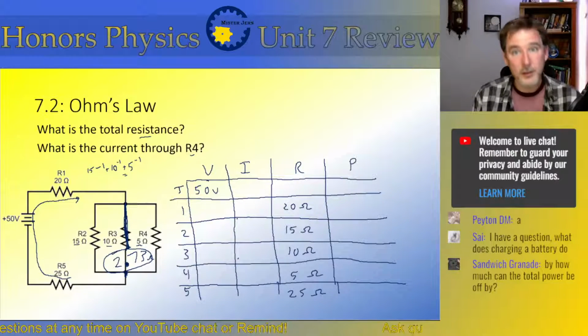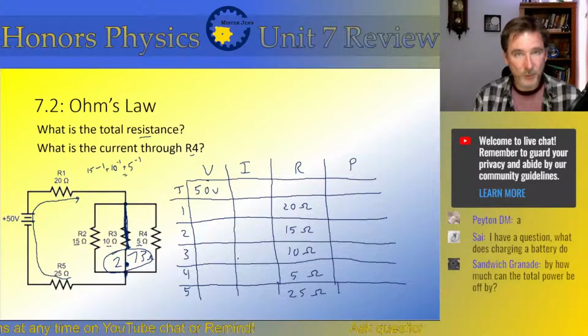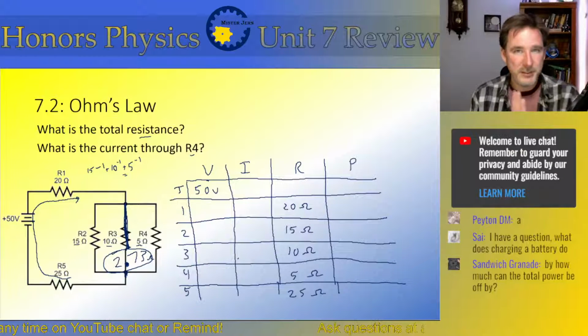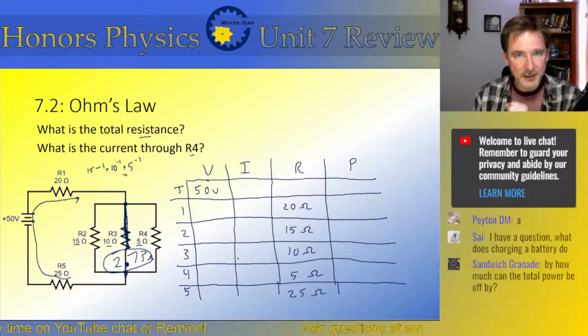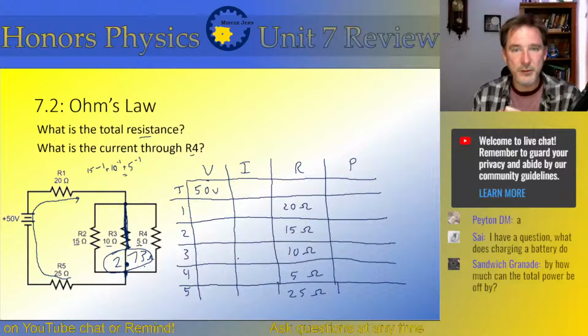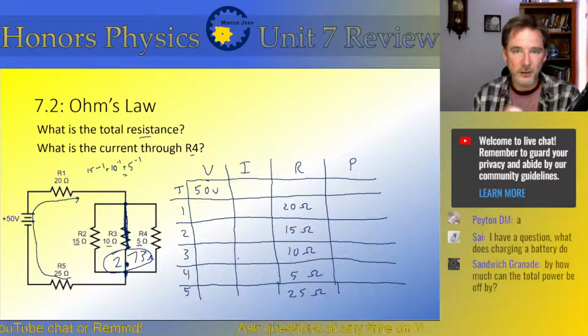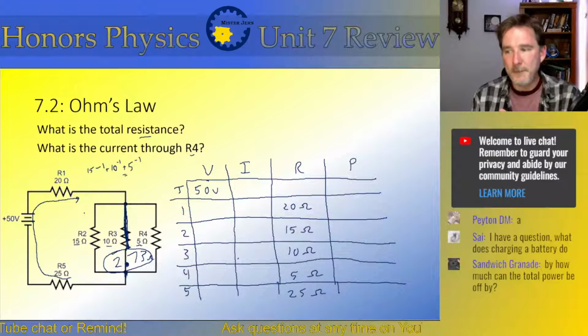So now, if you count all three of those as one resistor, the equivalent resistance of the three of those together, you're just going to pretend for a moment that those three are acting together, because they kind of are. They're acting together as a 2.73 ohm resistor. So unless I did something wrong, no, I didn't, because I got it right the first time.